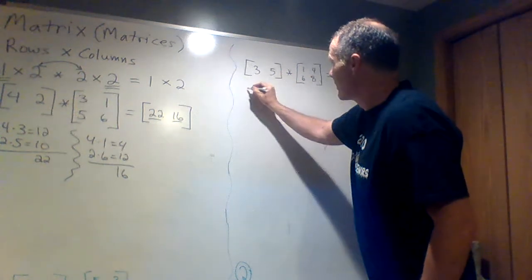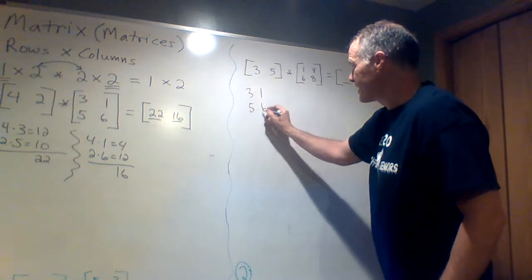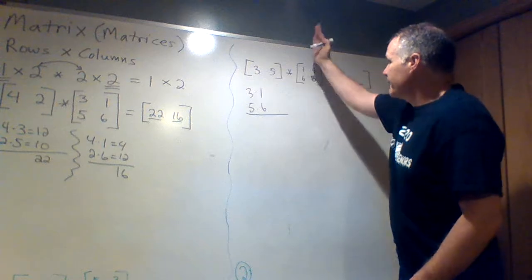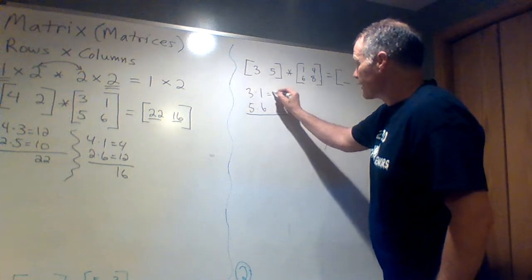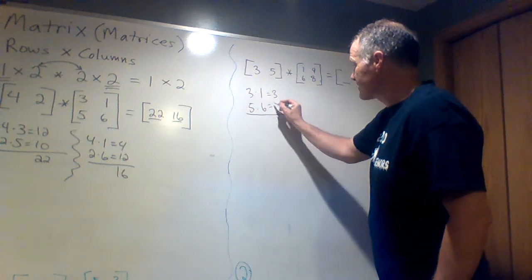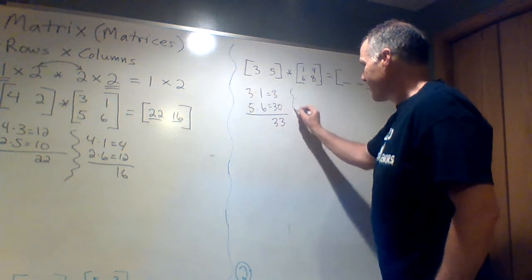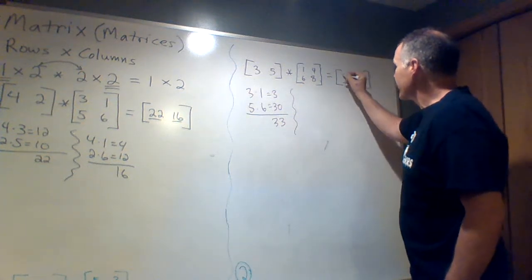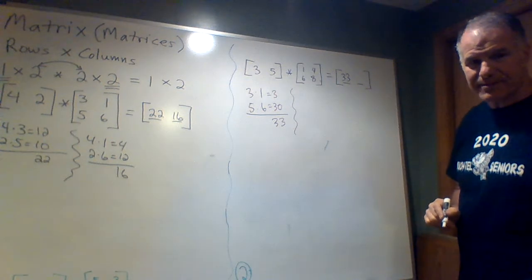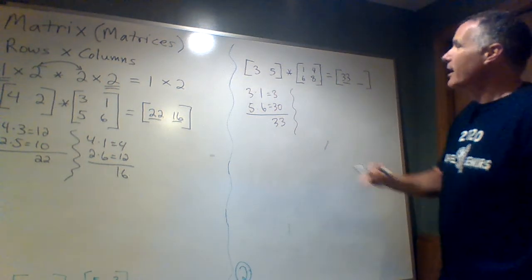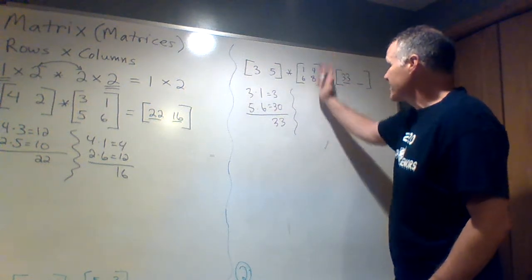So 3 times 1 is 3, 5 times 6 is 30. Add these together, and the first answer there would be 33. Is that making sense? Good.